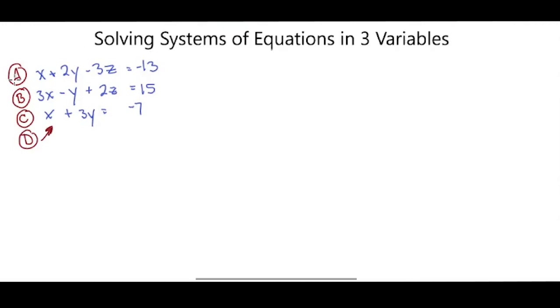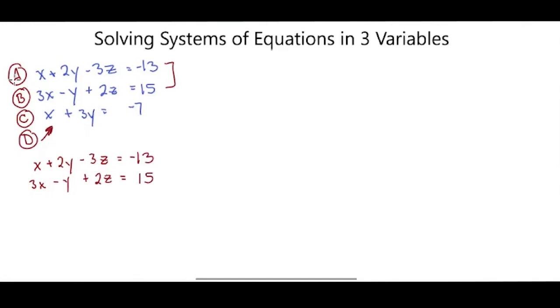So what I'm going to do is take equation A and equation B, and cancel the z so I can find equation E. So I have x plus 2y minus 3z equals negative 13. And I have 3x minus y plus 2z equals 15.